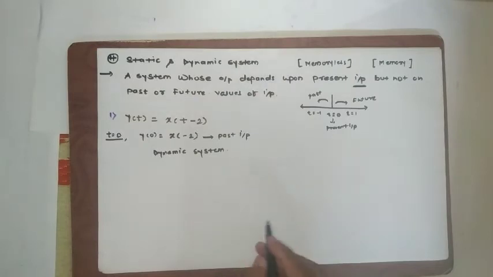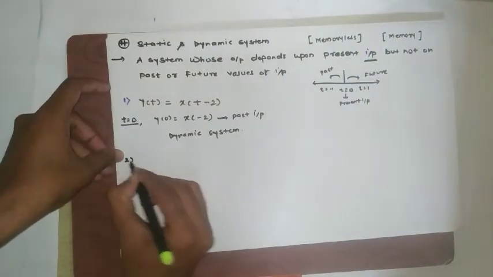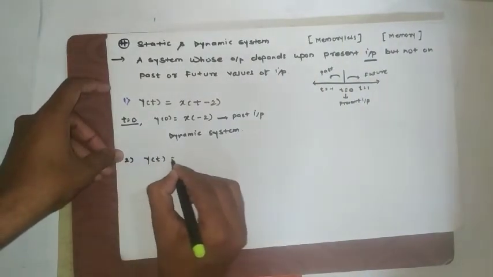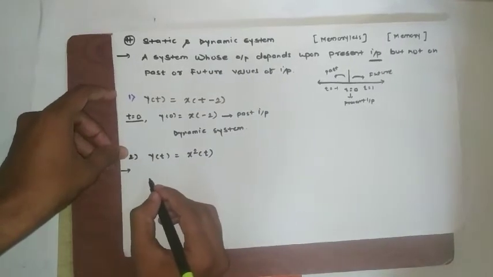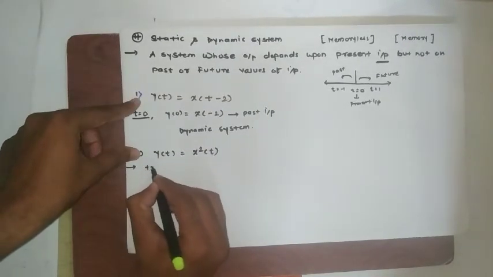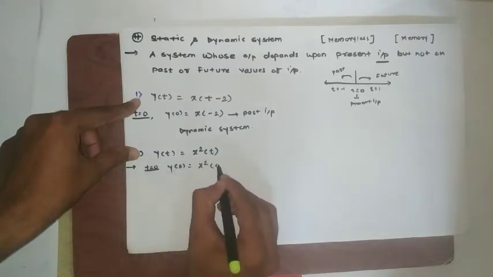Okay. Similarly, we can consider another example: y(t) = x²(t). Now again the same procedure. For t = 0, we will get y(0) = x²(0).